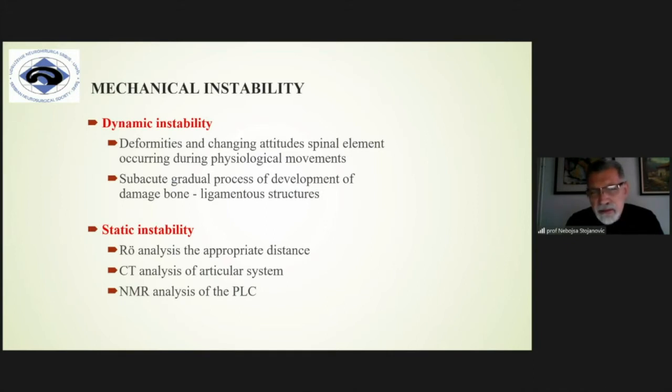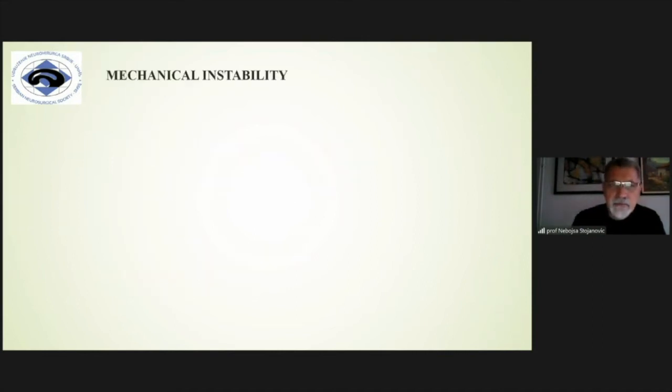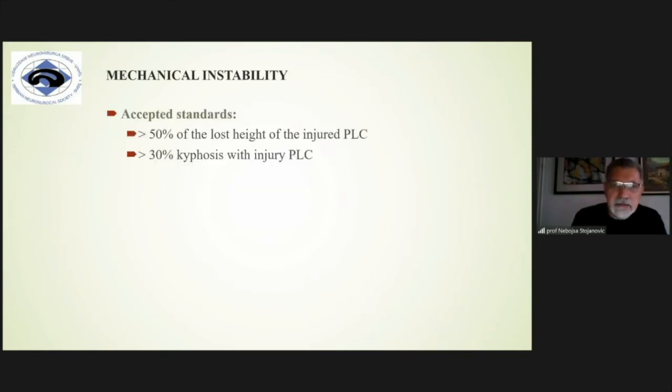Static instability we see in radiological analysis of appropriate distance, CT analysis of the articular system, and NMR analysis of the posterior ligamental complex. Mechanical instability is accepted as standard at 15% loss of height with injury of the PLC, and at 30% kyphosis with injury of the posterior ligament complex.